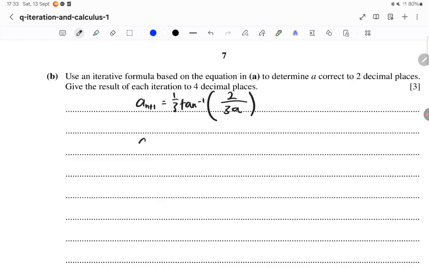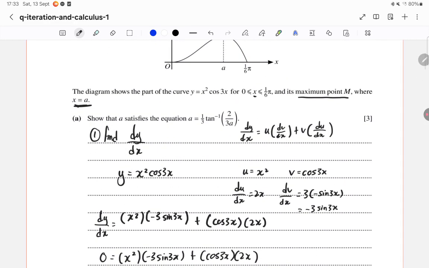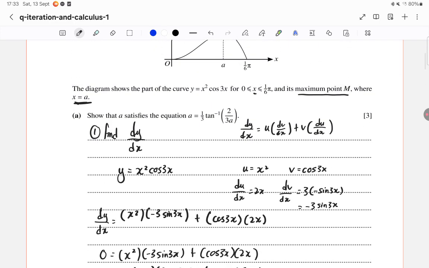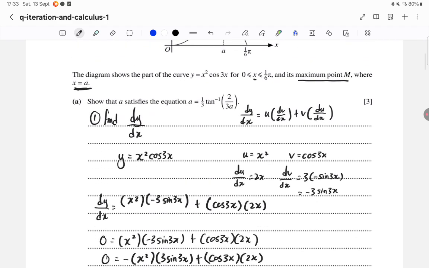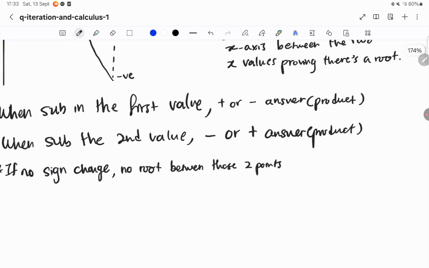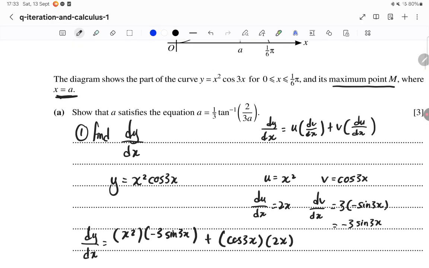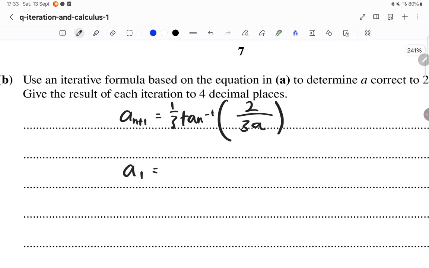So for our first iteration, we will be using pi. Since here we have two limits as shown, like I explained earlier, they give us two limits, so we can use either one. We can use 0 or we can use pi over 6. So in my case, maybe I'll use pi over 6.